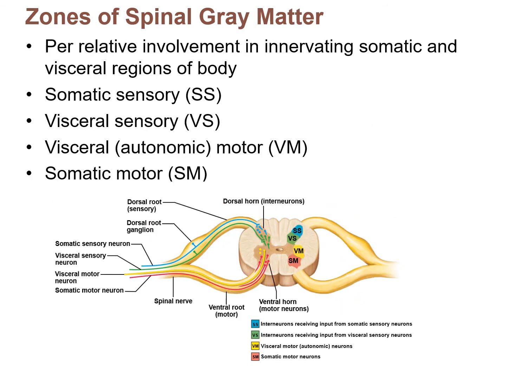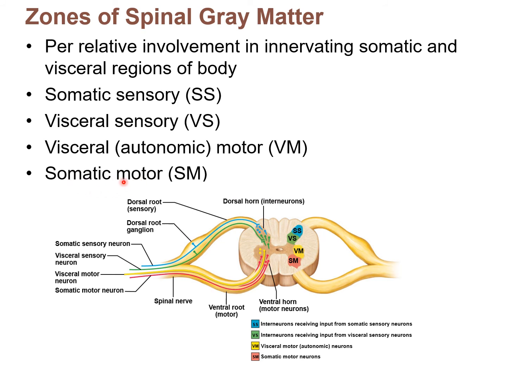All right, we could get a little more specific with this slide over here. We said that the roots, when we're in the ventral root, that has to do with motor activity. When we're in the dorsal root, that's sensory activity. Well, we can split it up into somatic sensory and visceral sensory, somatic motor and visceral motor. So you're not going to be asked to label those specific areas there, but you should know what they mean.